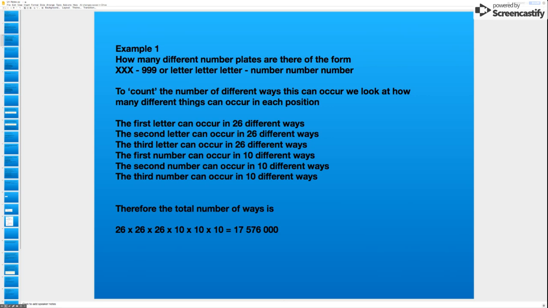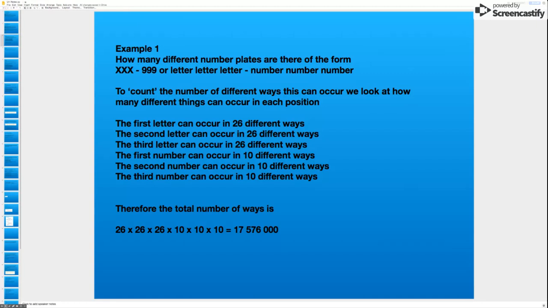Now, to count all the different ways this can happen, we look at each individual thing. The first letter can occur in 26 different ways. The second letter, another 26 different ways. The third letter, 26 different ways. And the numbers can occur in 10 different ways, 0 to 9. The second number, 0 to 9, so 10 different ways.